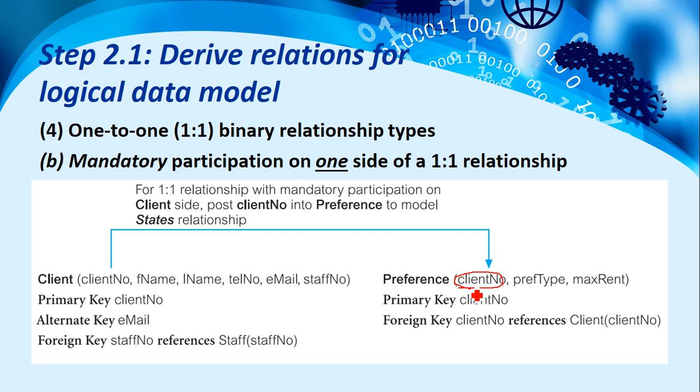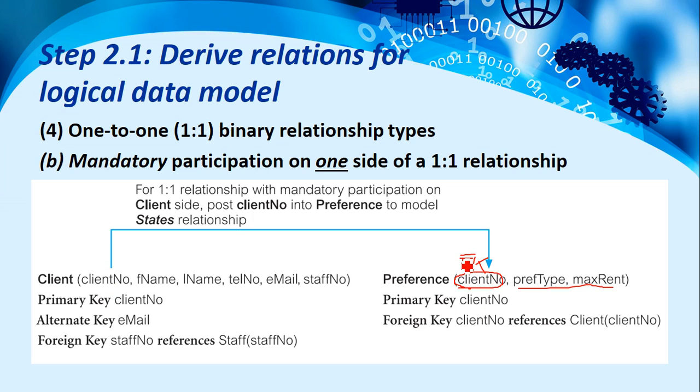No. Kasi yung preference, originally, ito lang yung attributes niya. And since this is, yung preference pala is the child between the client and preference relation. So, yun, kinapi yung primary key nito, kinapi dito. This one is our F key, foreign key.